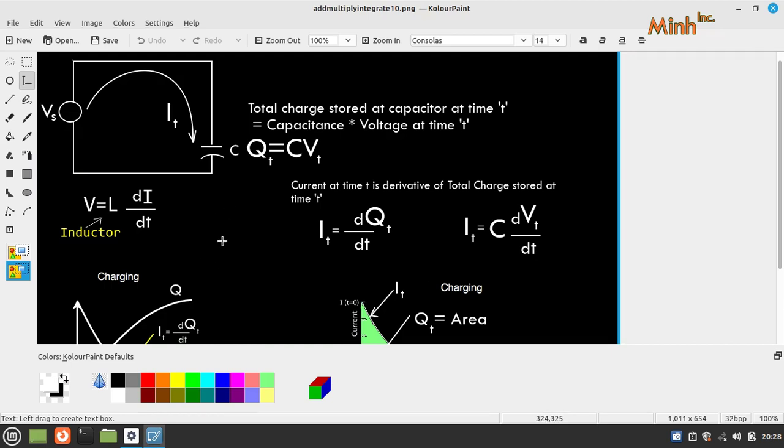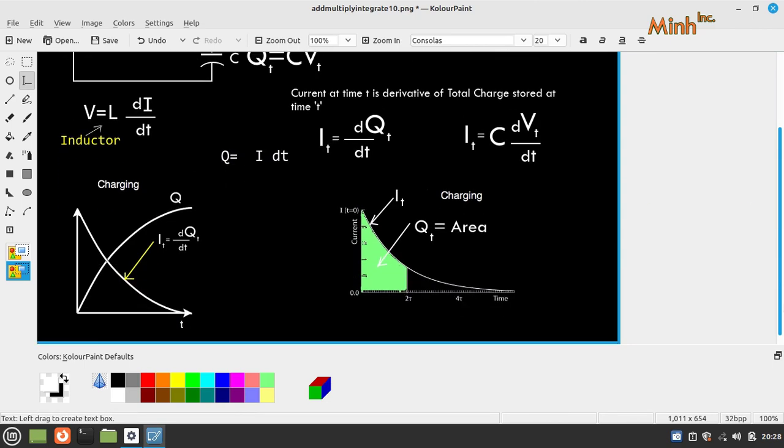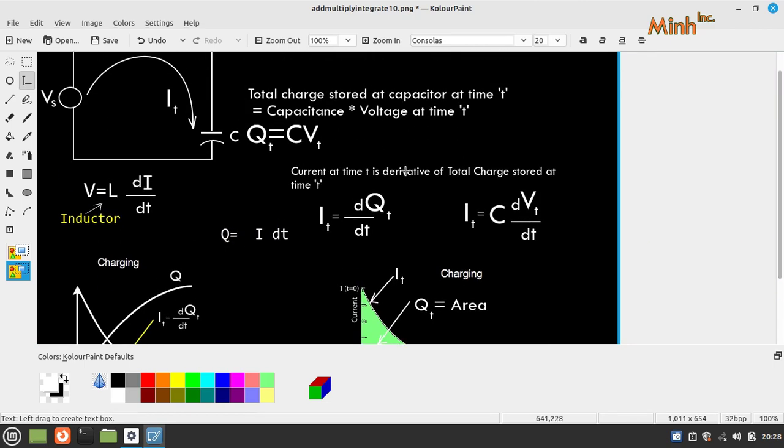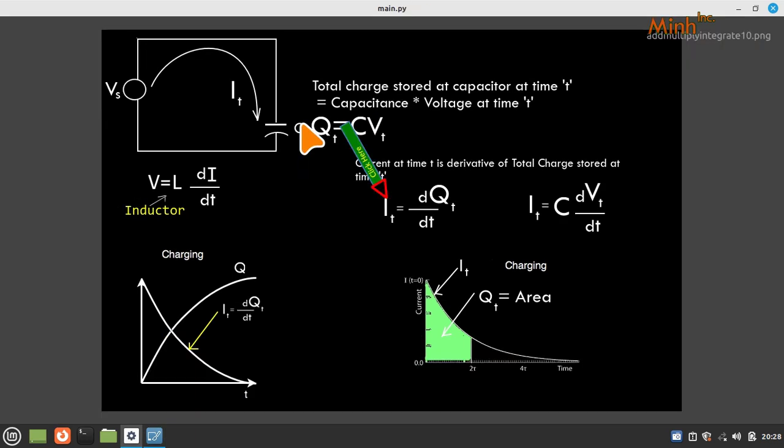So how much charge is stored at any point is the integration of the current. If I write it like this, Q equals the integration of the current over time, I dt. We'll get the integration sign from somewhere.